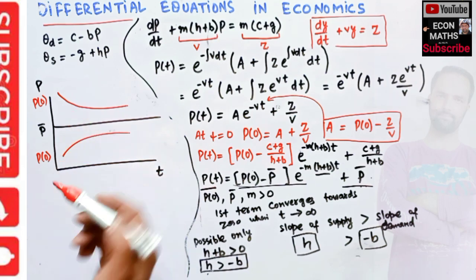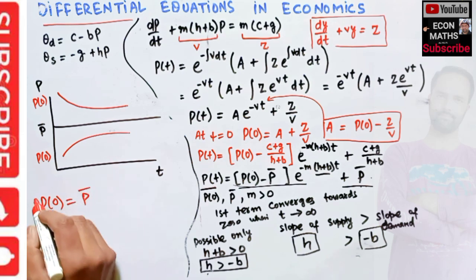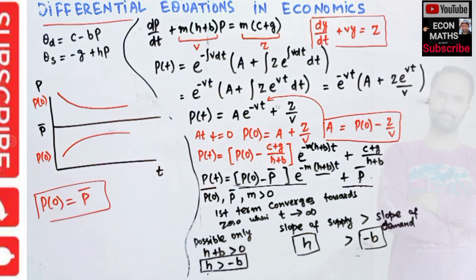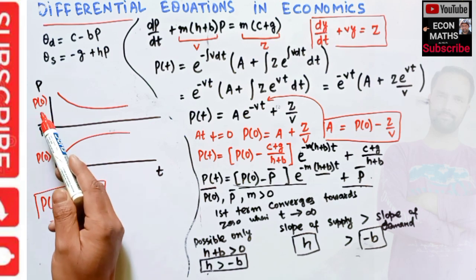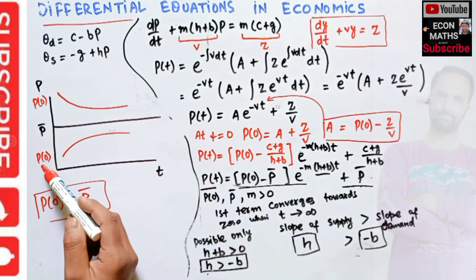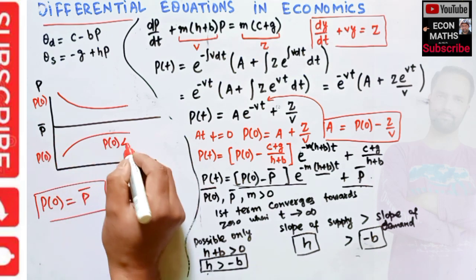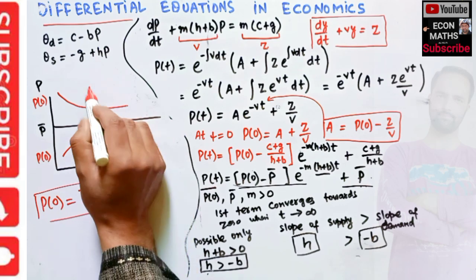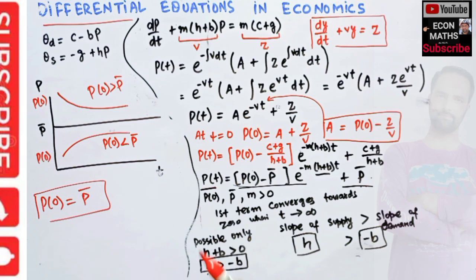First thing was when P naught was equal to P dash, then we don't need this dynamic analysis. But what happens if P naught is greater than P dash, or P naught is less than P dash? Then there will be adjustments in the prices, quantity demanded and quantity supplied.